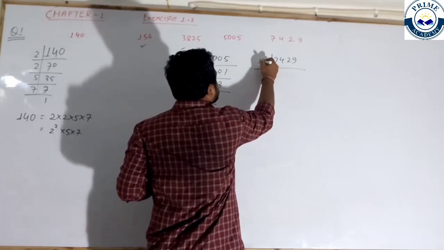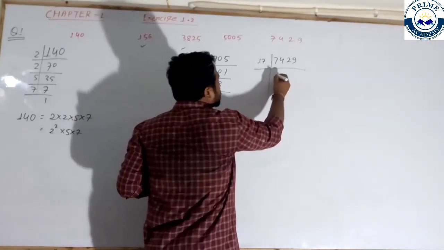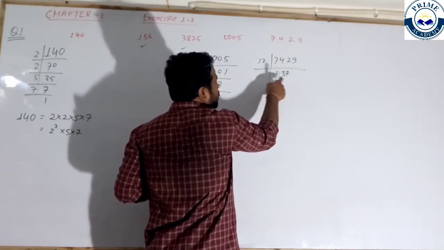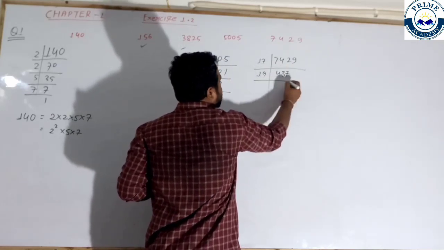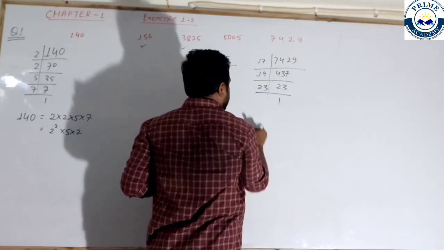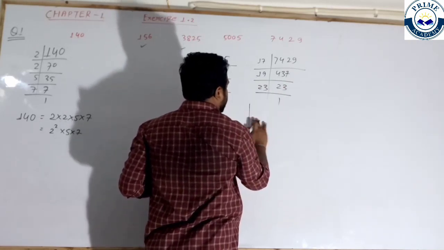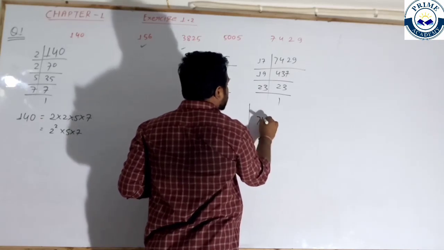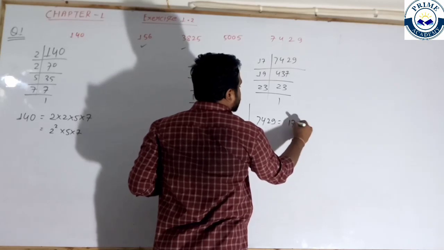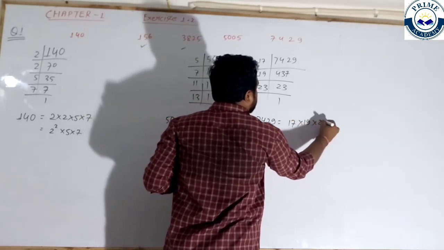It will be divided by 17, right? So 437 will be the result. You divide 437 by 19, you will get 23. So 23 will be 1. So 7429 will be factorized as 17 into 19 into 23.